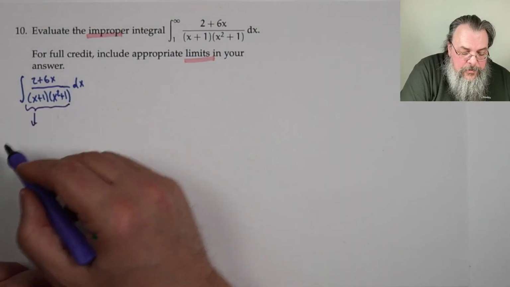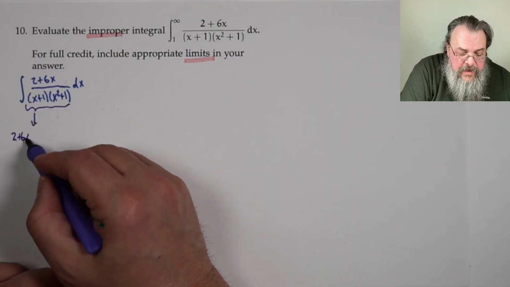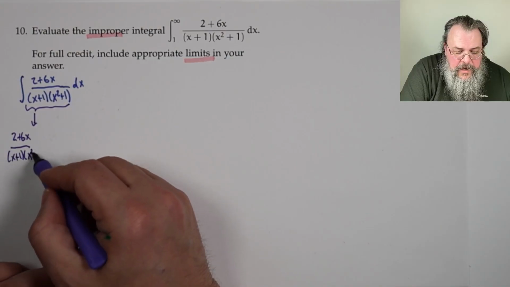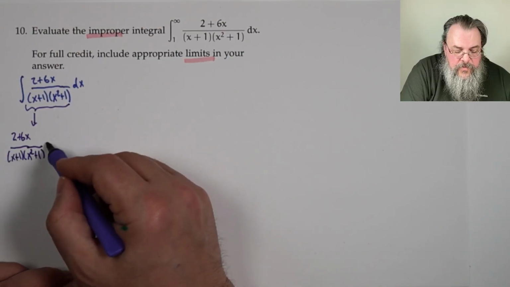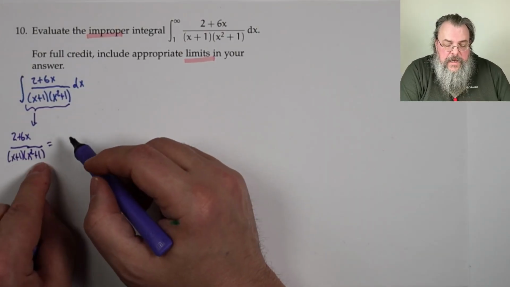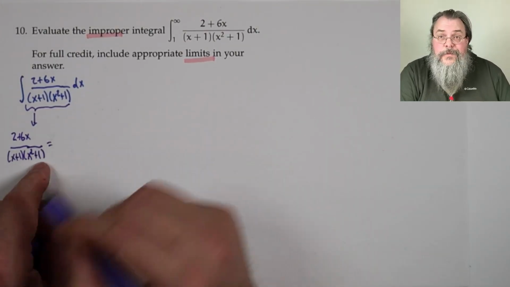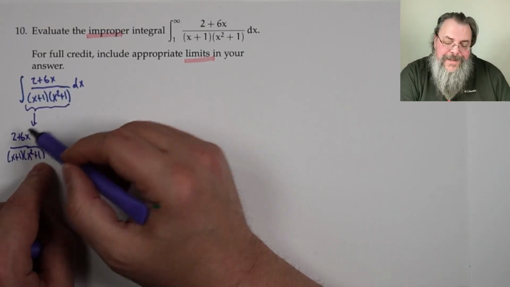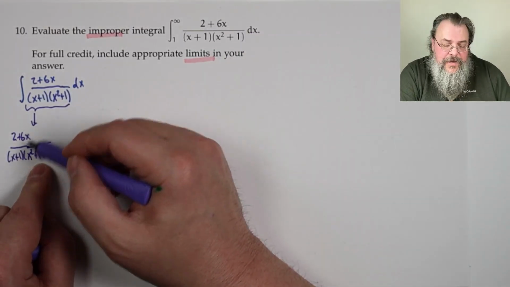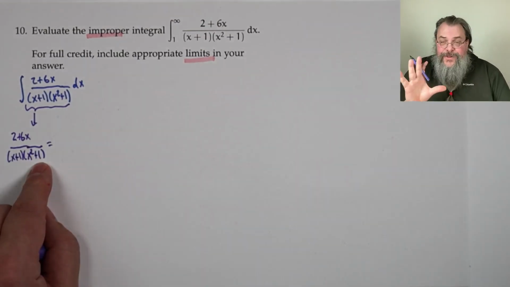We have our pieces, x plus 1 and x squared plus 1. You might say, Steve, you forgot to check the degrees. We kind of already did when we talked about convergence, but quickly: upstairs is degree 1, downstairs is degree 3, so we don't need long division.